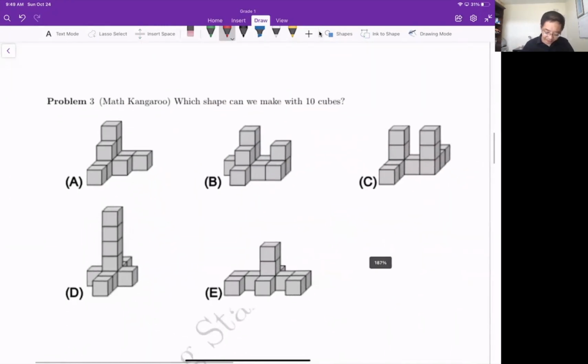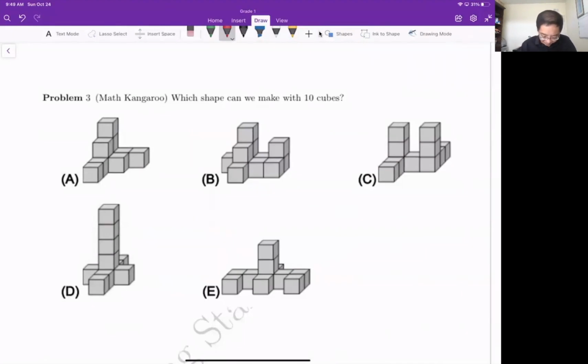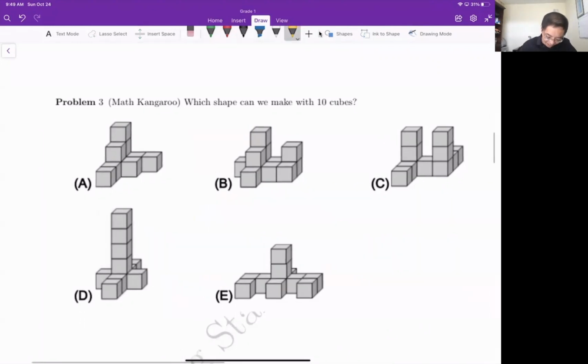Question number 3. Here we have A, B, C, D, E, 5 three-dimensional figures. They are made of small cubes, and we want to see which one contains 10 cubes. Let's count one by one. For the first one, here we have 3, obviously. And here we have another 3.